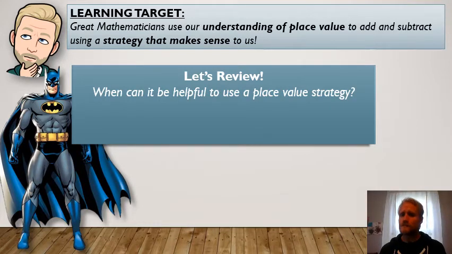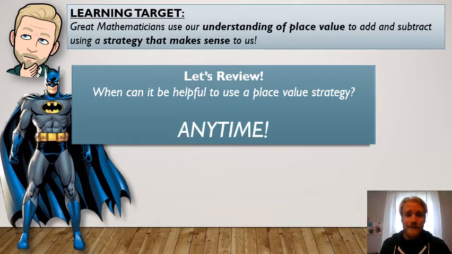When should we use those? Wow, I'm hearing so many different ideas. The bottom line, use them anytime. Whether you're doing your core math work or your math stories work, hint, hint. Anytime you have a chance to add or subtract with bigger numbers, use your place value strategies.